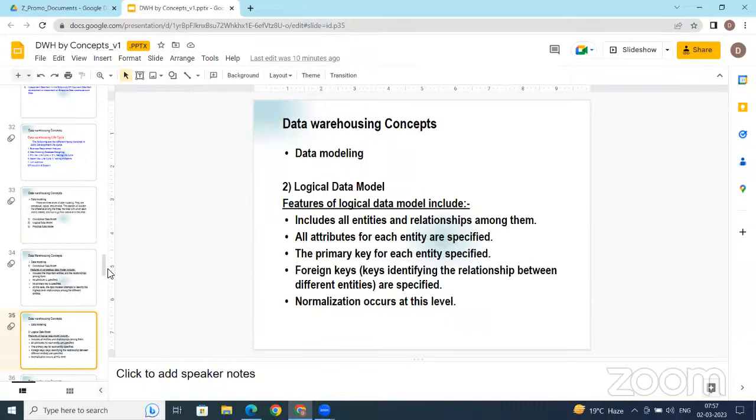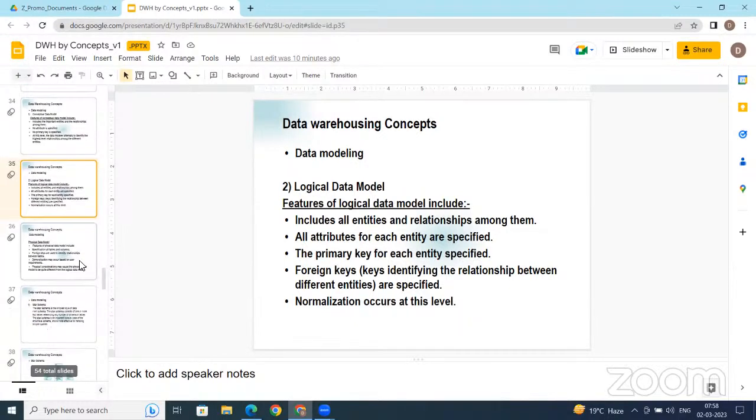These logical data models are prepared by the technical team: the senior tech lead, the architect, and the data modelers. They prepare the LDM documents.